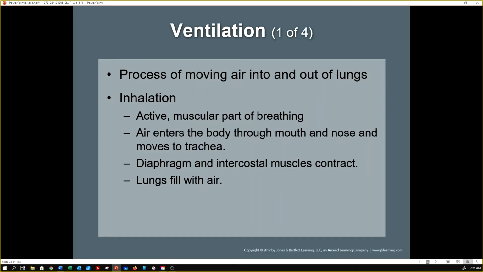It's that process of moving air from the outside, 21% oxygen, down to the lungs. Ventilation is necessary to have oxygenation and respiration. Remember that, because respiration is not ventilation. Respiration has its own definition that we'll get to in a minute.